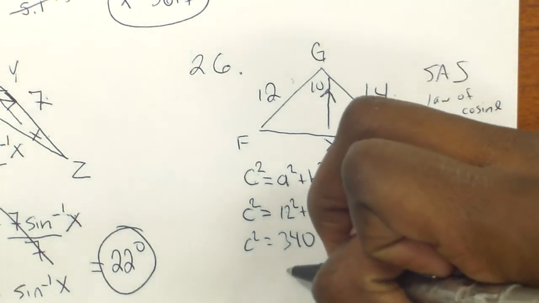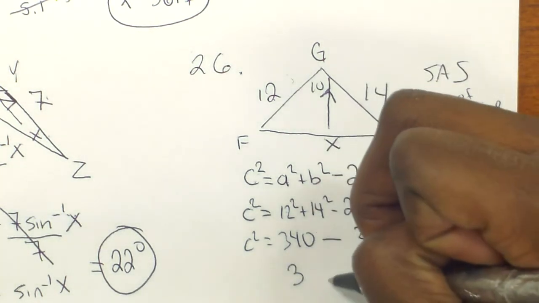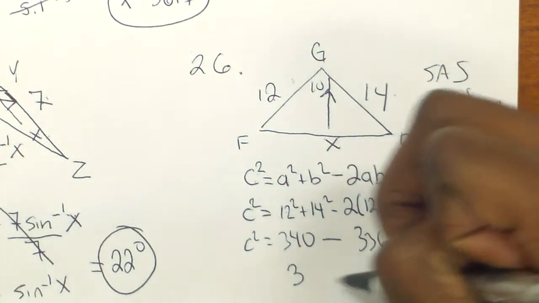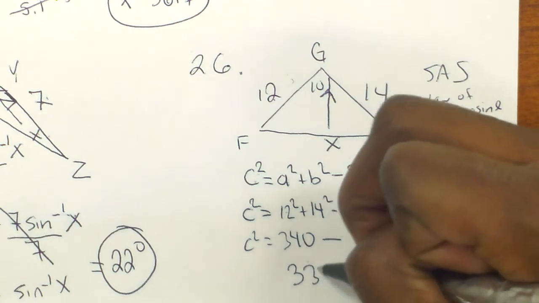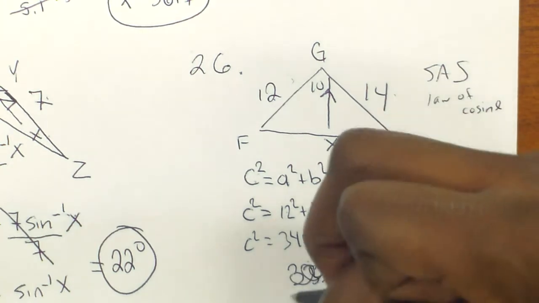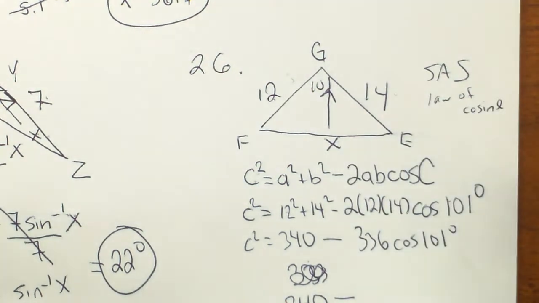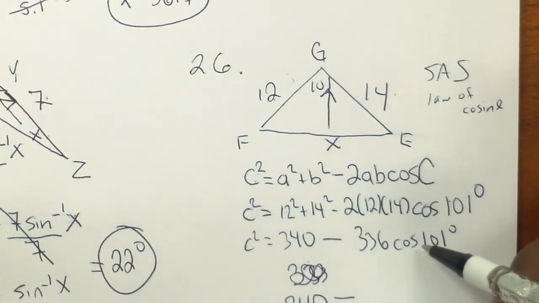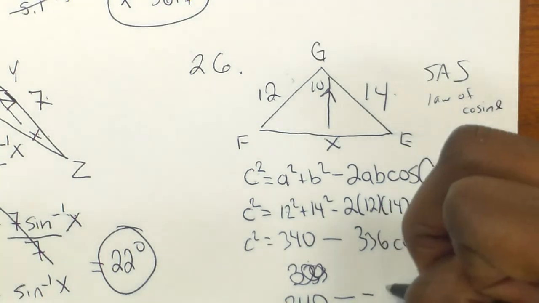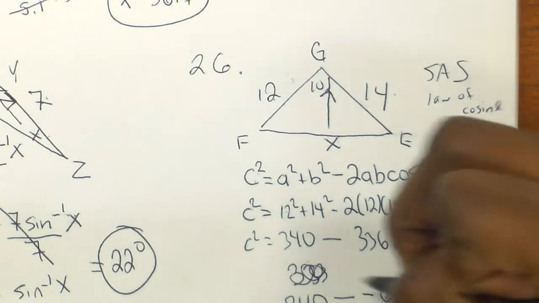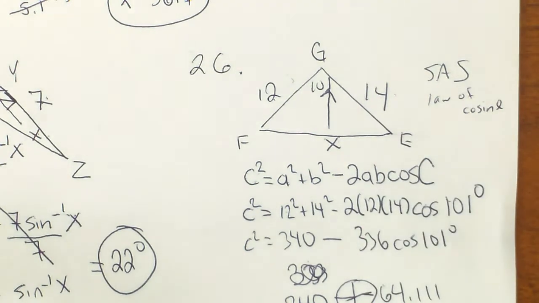And that is going to give me 340 minus, and 336 times cosine that is negative 64.111. Two negatives make a what? Positive. So basically we have 340 minus that answer.